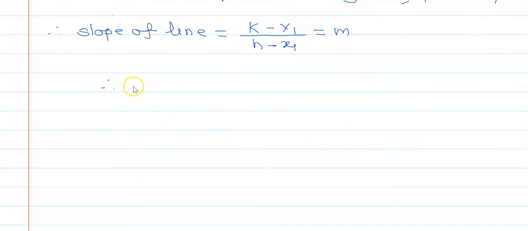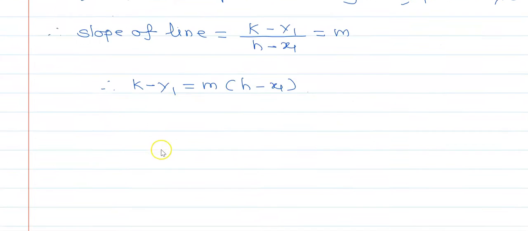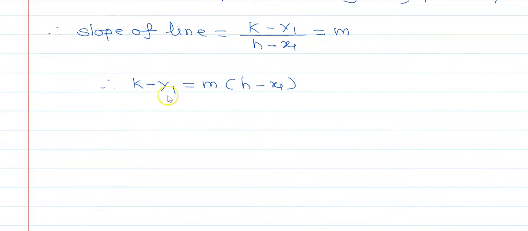Therefore, after cross multiplication, k minus y1 is equal to m times (h minus x1). And this is what we wanted to prove.